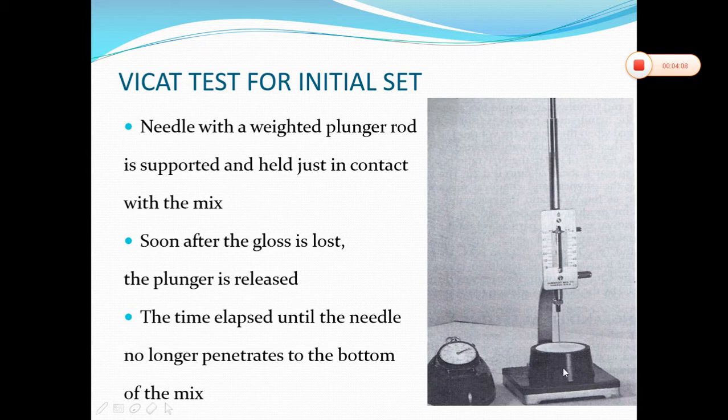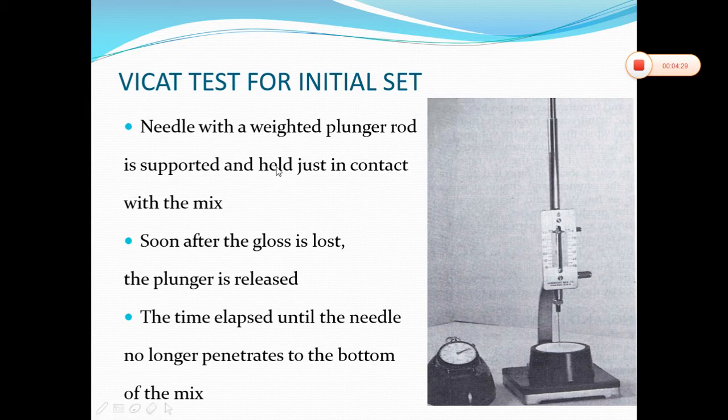How we judge whether initial setting has taken place is that under the weight, the needle will not go to the bottom. It will go in from the surface and stop in the middle. It will not reach the bottom level. That shows the initial setting has taken place.